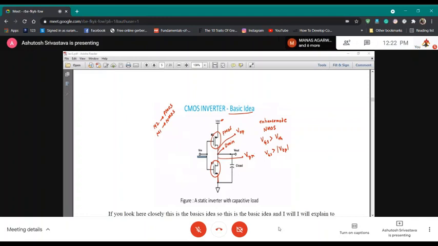What do you mean by any circuits? That basically means that you can design any combinational circuit or any sequential circuit, which may be expressed in the form of a Boolean expression.